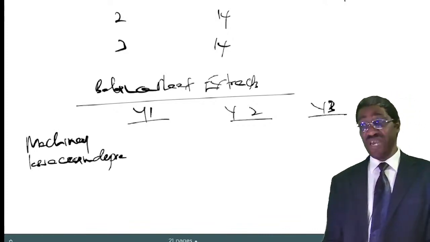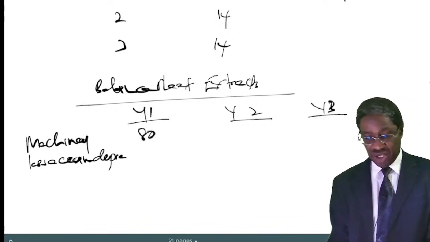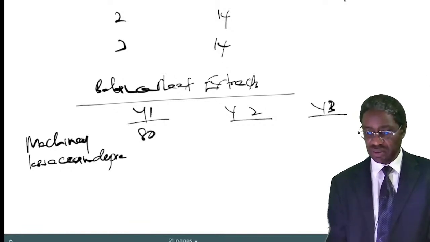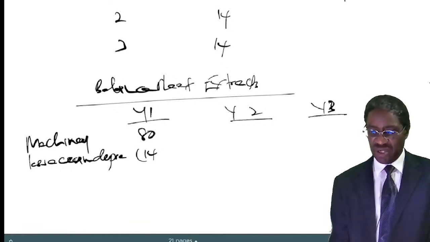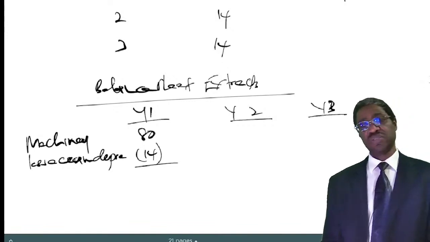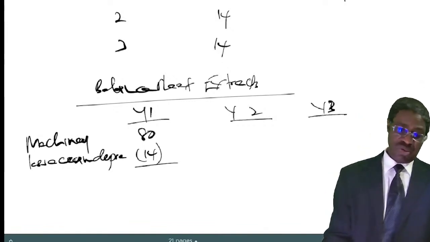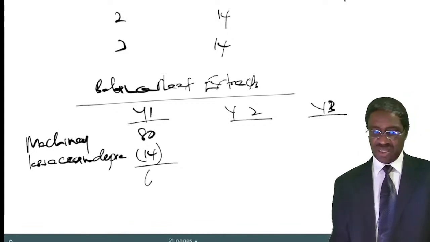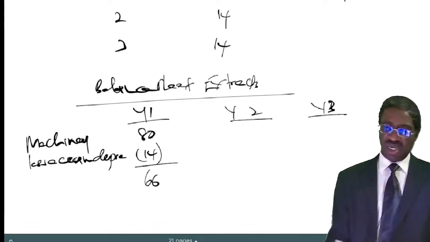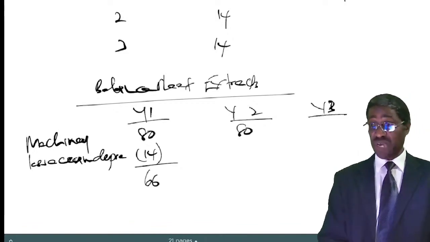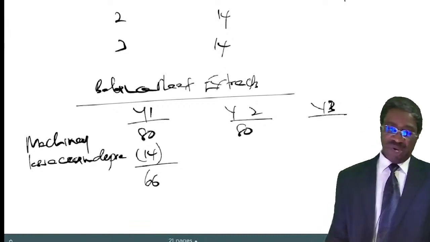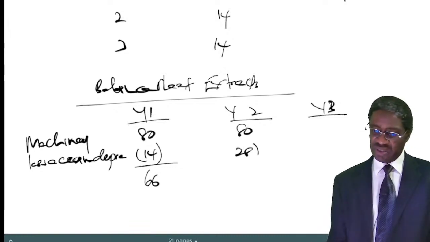We remained with a net of 80, mark you, 80 minus the accumulated of 14 by end of year 1. What are you carrying down as the book value? This will be 80 minus 14, that is 66. Year 2, again 80, that becomes like the cost, minus accumulated of 28.